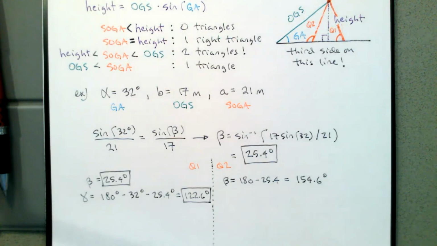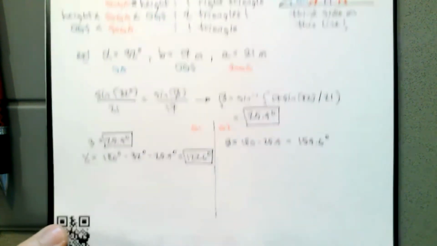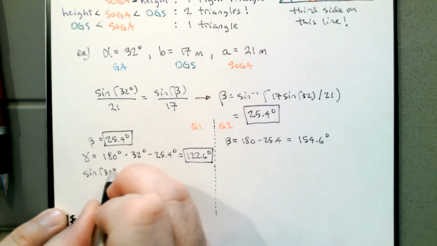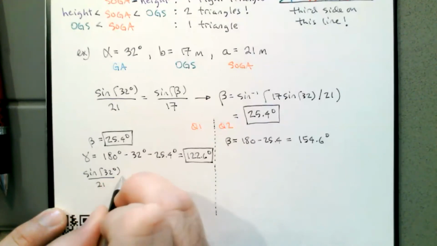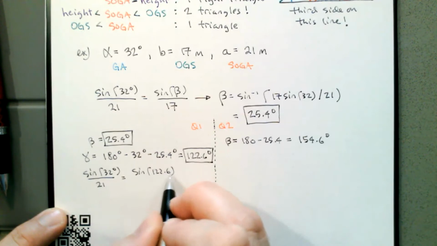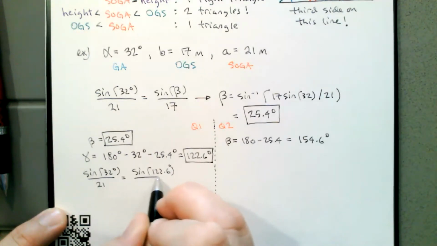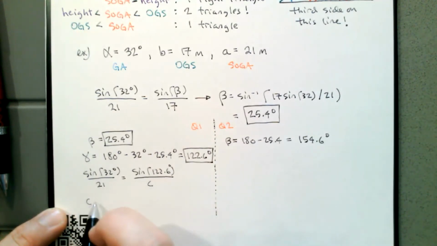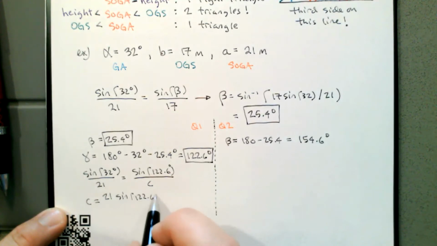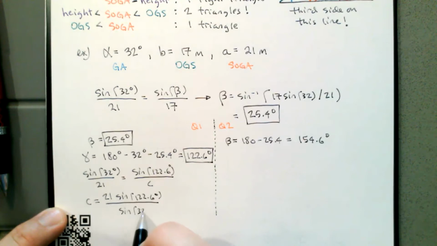Now that I have gamma, I can use the law of sines again to find side C. So I'll just say sine of 32 divided by 21 is the sine of 122.6 divided by C. So C is going to be 21 sine 122.6 divided by sine of 32.